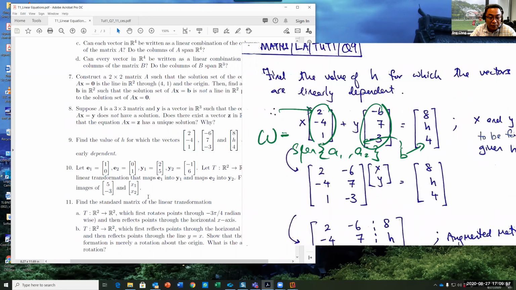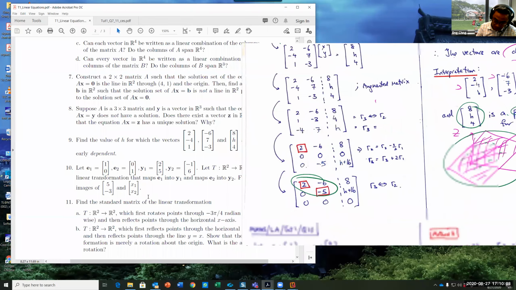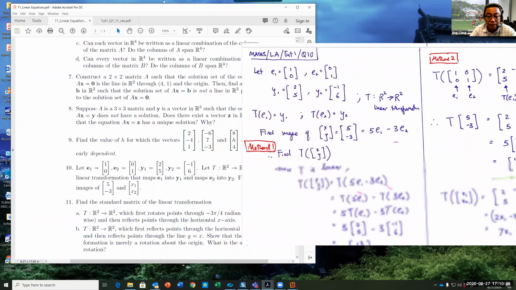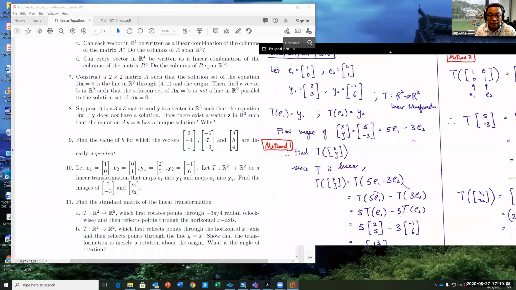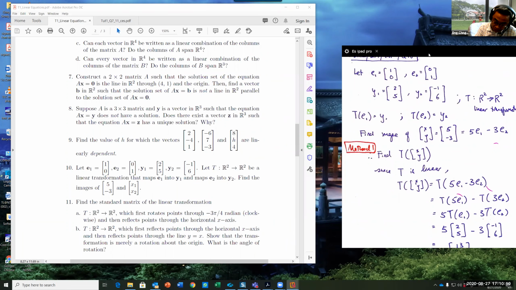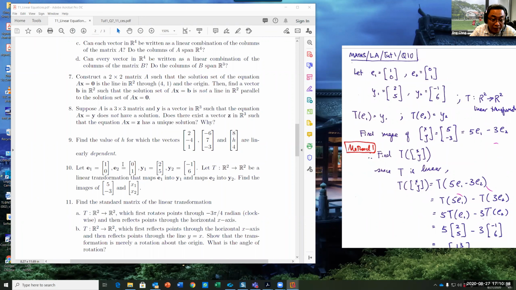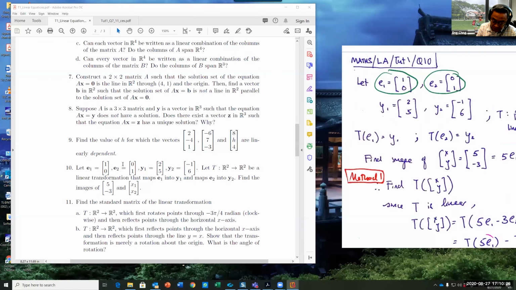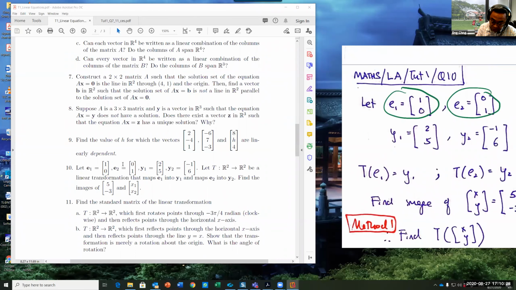Now, number 10 and number 11. So we are given E1 and E2. So this is E1 and this is E2. Whenever you look at a vector that has only one 1 and lots of zeros, then they are actually called the standard basis.